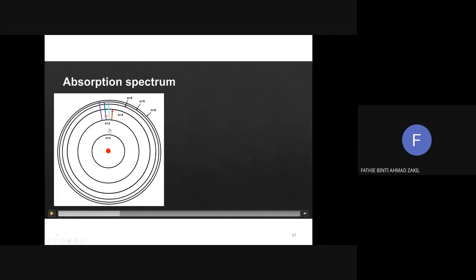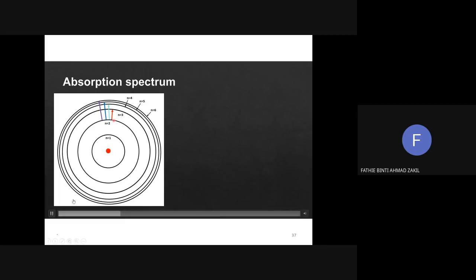Sekarang kita tengok macam mana dia buat spektrum untuk absorption spectrum. Sama juga untuk emission. Emission akan terjadi bila elektron transit daripada higher state to ground state. Yang ni kita tengok dulu absorption spectrum.